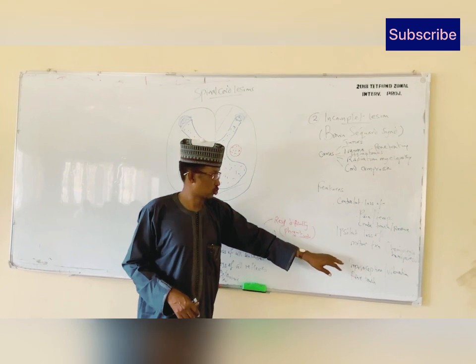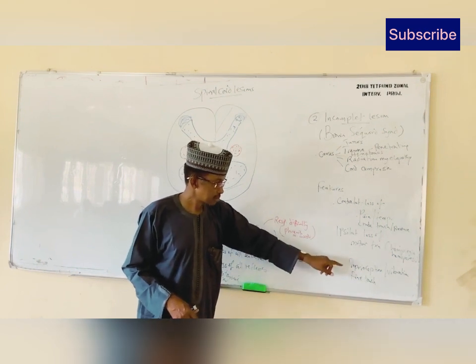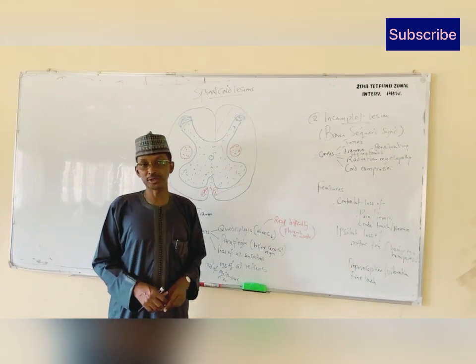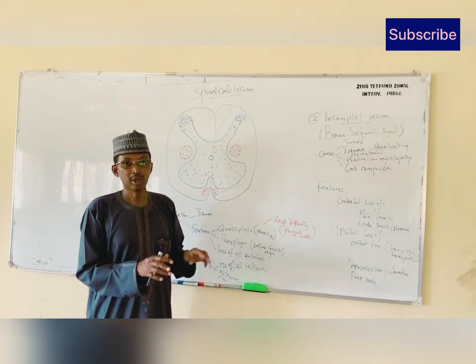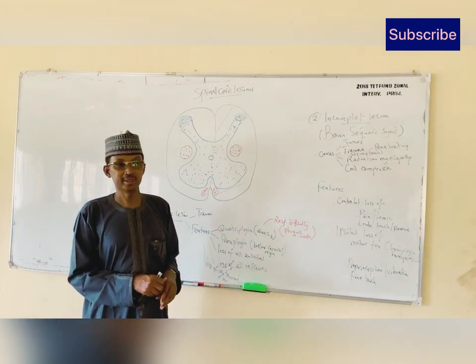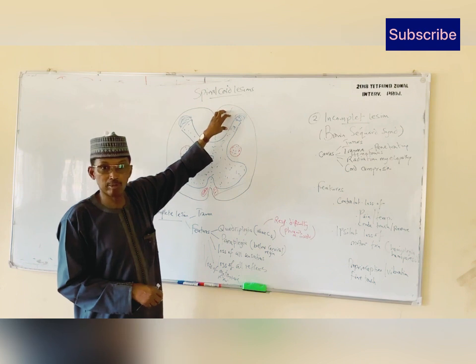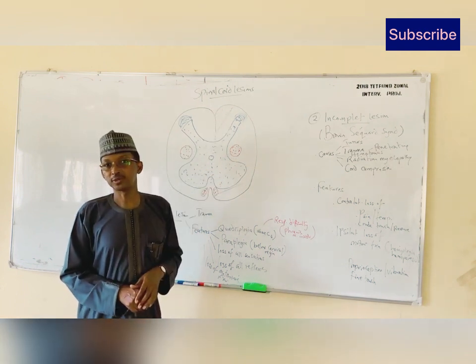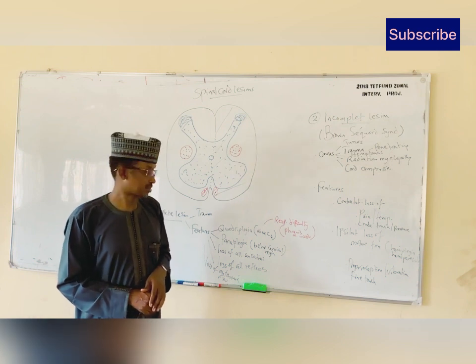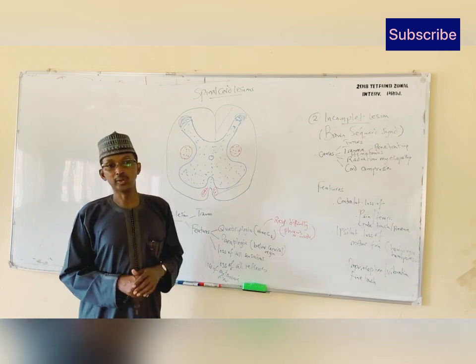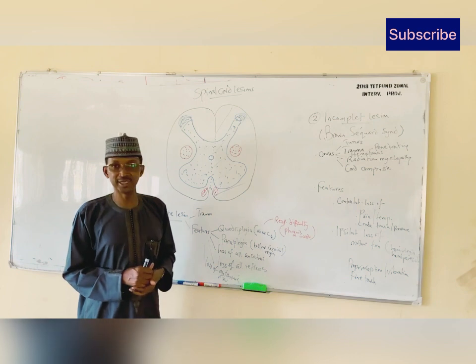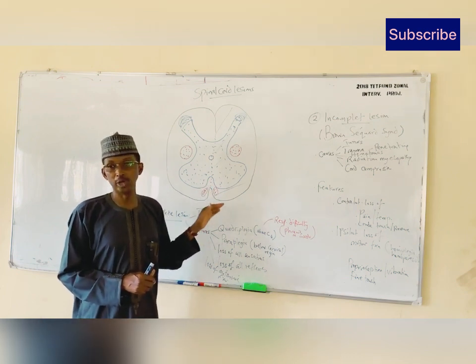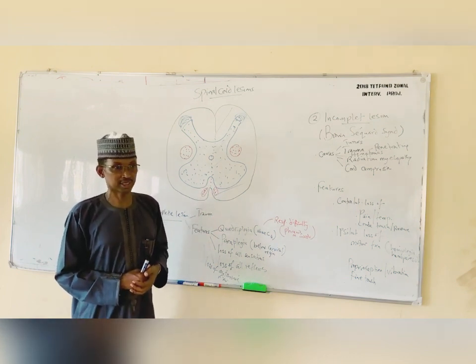And so there is also loss of conscious and unconscious proprioception of the same side because of the involvement of the dorsal column and also the ventral and dorsal spinocerebellar tracts. So these are the features one is going to present if somebody has this complete or incomplete spinal cord transection. I'm going to break here.